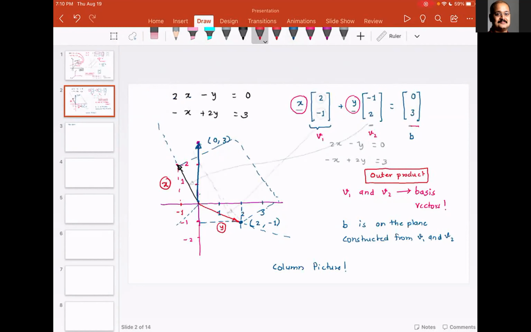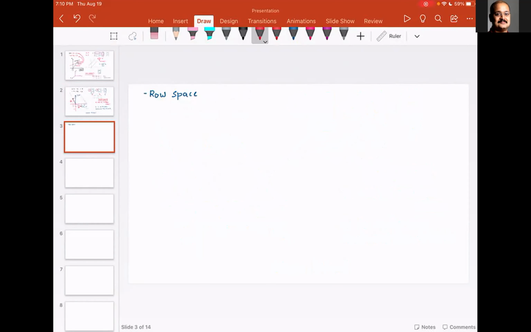And the outer product is the fundamental part when we look at matrix decompositions such as singular value decomposition, QR decomposition, LU decomposition.